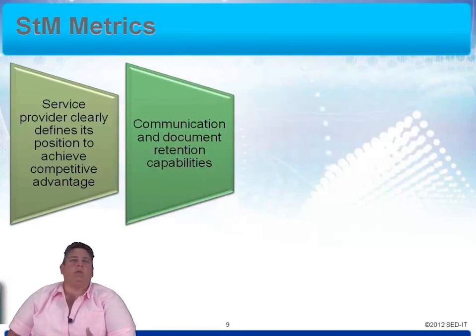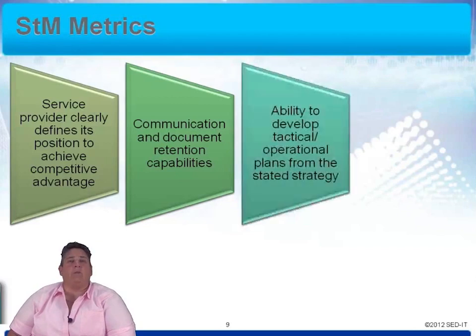Another CSF would be the communication and documentation retention capabilities. This would be a shared critical success factor with knowledge management and the use of the SKMS. Another CSF would be the ability to develop tactical and operational plans from the stated strategy.